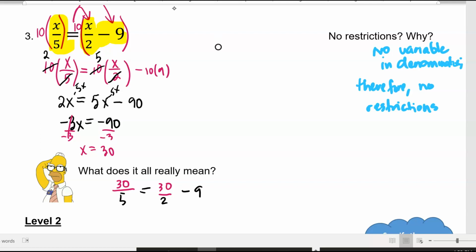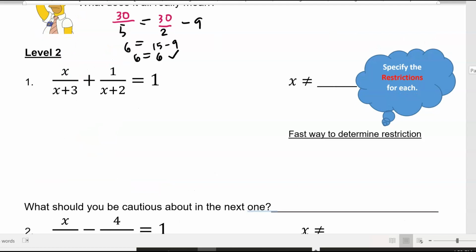So 30 divided by 5. 5 goes into 30 6 times equals 2 goes into 30 15 minus 9. So it does satisfy this equation because the left side equals the right side. So 30 would be the only number that would solve this equation. Notice I labeled it as level 2. Now what are our restrictions?